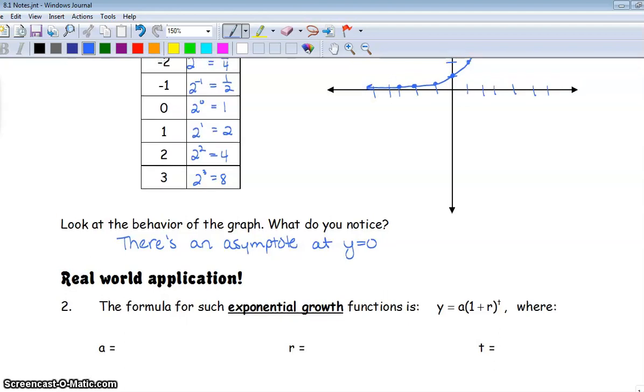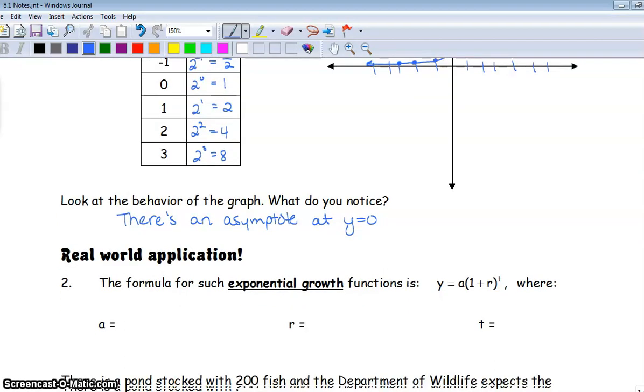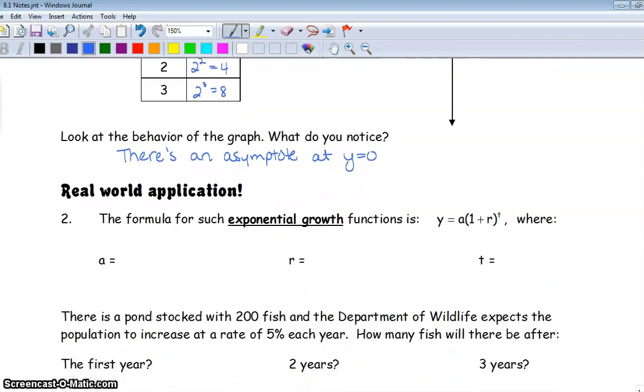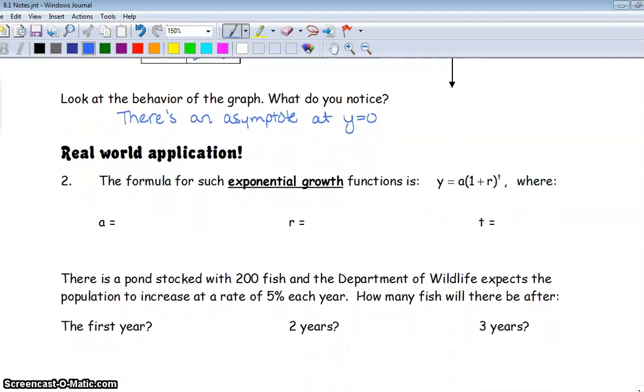So the nice thing about these exponential growth functions is almost the entire chapter is on real-world application. And our first application is exponential growth functions, where it's y equals a times 1 plus r raised to the t power, where a is the initial amount, r, I'm sure you can guess, is the rate of change.